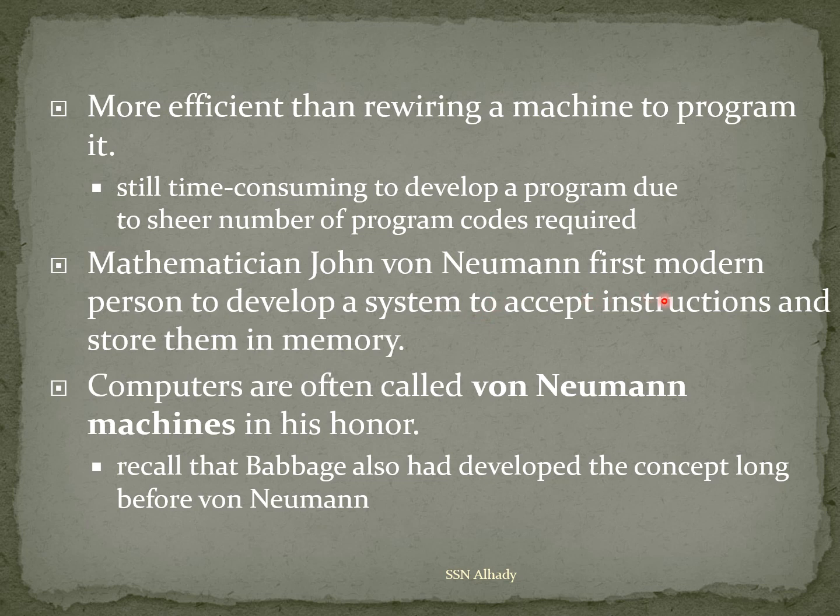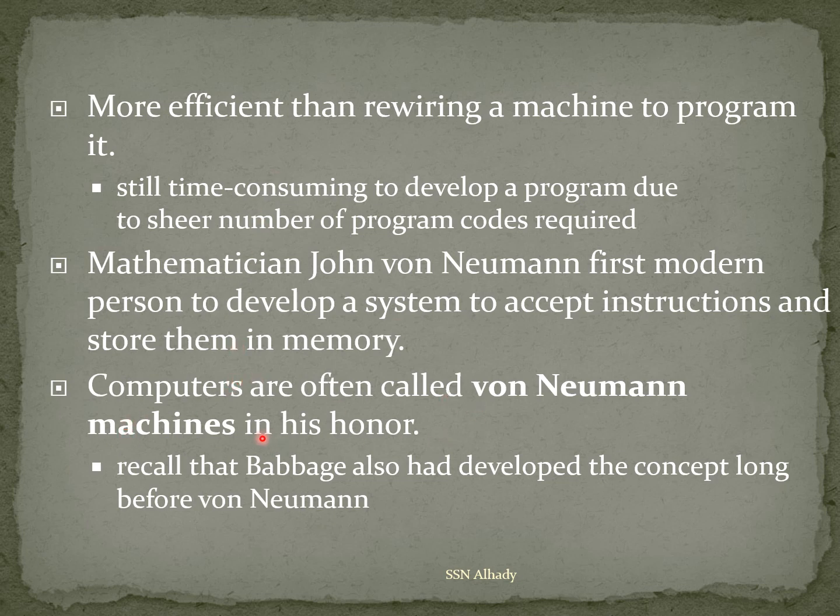This is the first modern person to develop a system which accepts instructions and stores them in memory. You write it once and you can store it. Before that, every time you wanted to use it, you needed to write it.